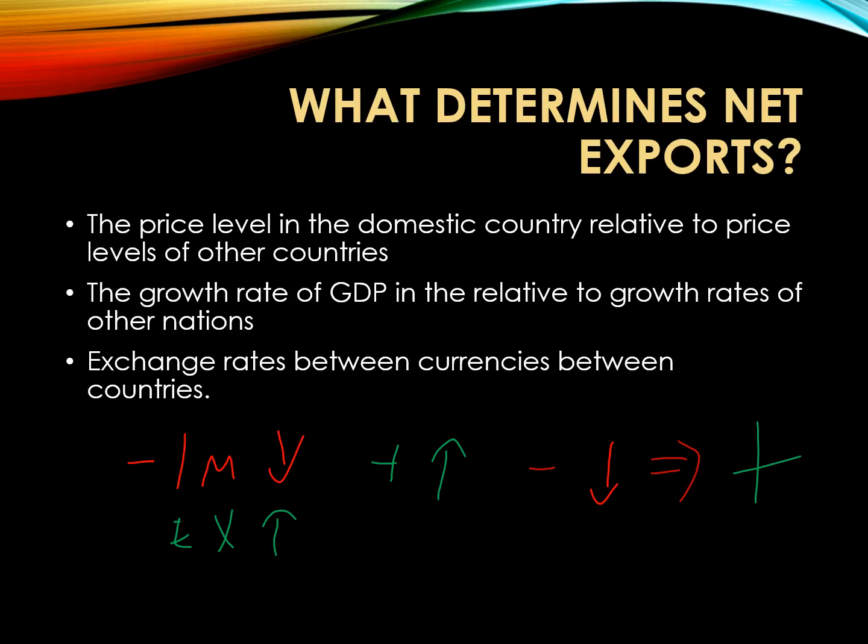So if the United States grows at a rate faster than the rest of the world, then we'll have the negative side. If the growth rate of the rest of the world is faster than America, then we'll have this outcome.